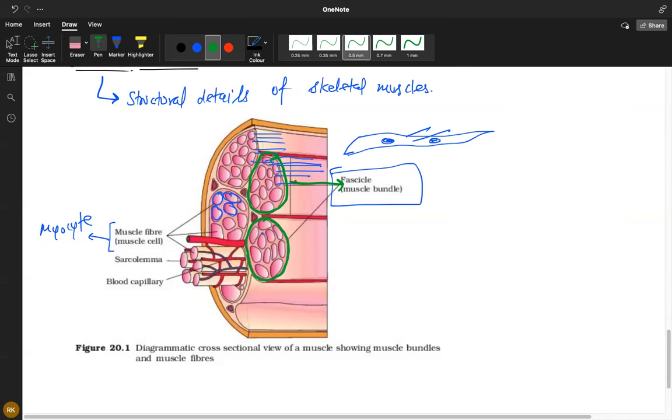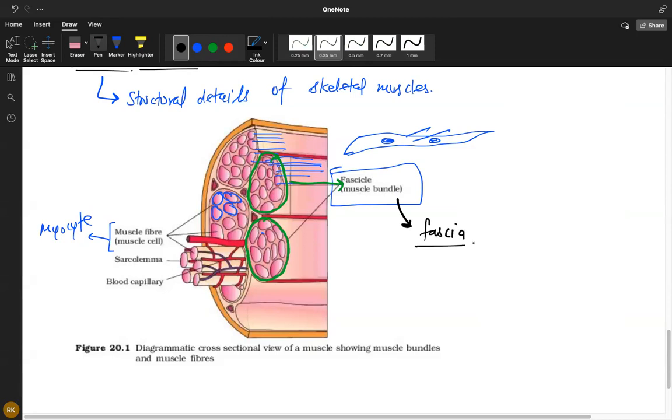So first write down: a fascicle is an organized skeletal muscle bundle. This name comes from the word fascia.